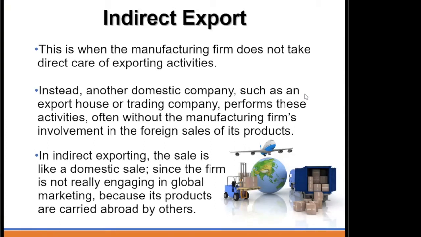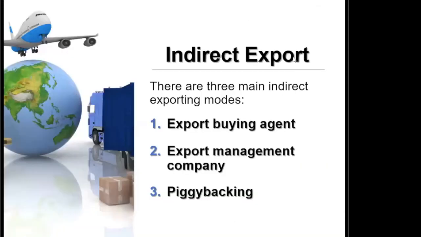It is the exporting company or export house or trading company who are actually the ones carrying their products from the domestic market abroad. So they do not actively engage with the buyer in the foreign market, hence the name indirect export.